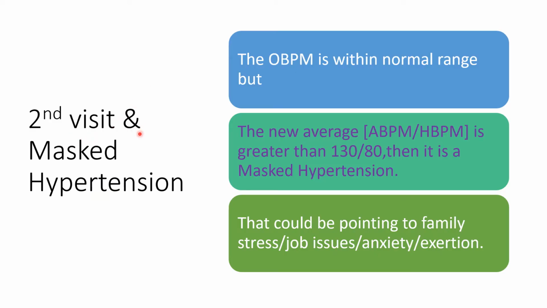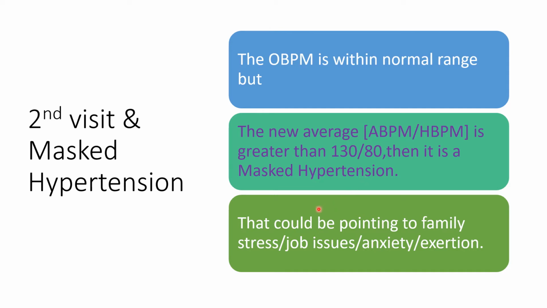Okay, second visit and masked hypertension. How do I mean? Today is the second visit, and the individual is right here at the clinic. The BP is within normal range, but the record from home and the ambulatory values is pointing to something greater than what has been measured right now at the clinic. That is masked hypertension.